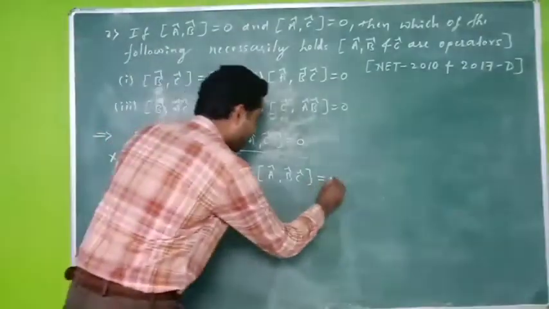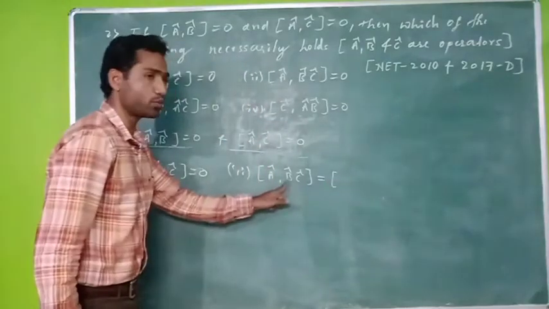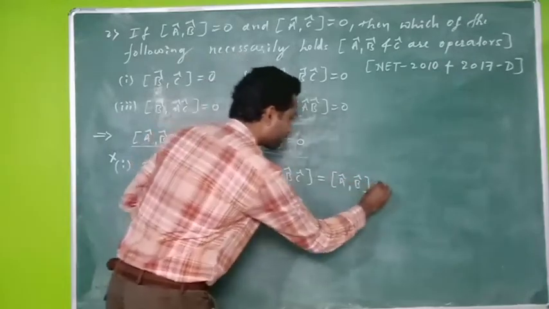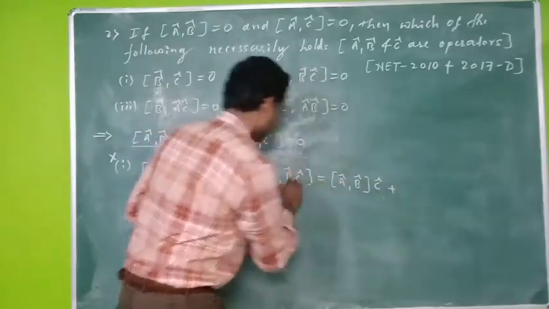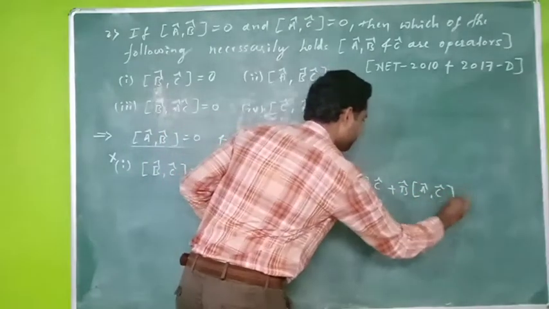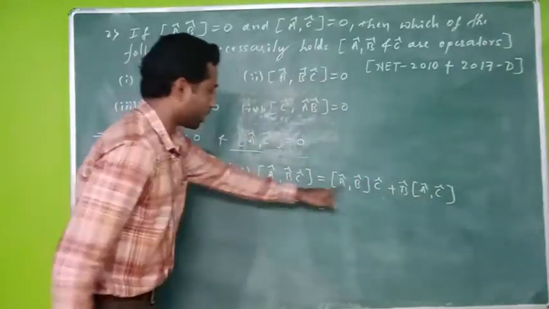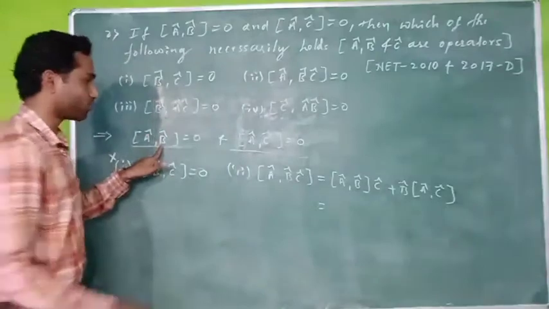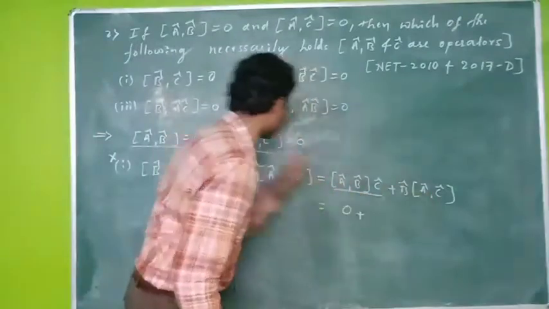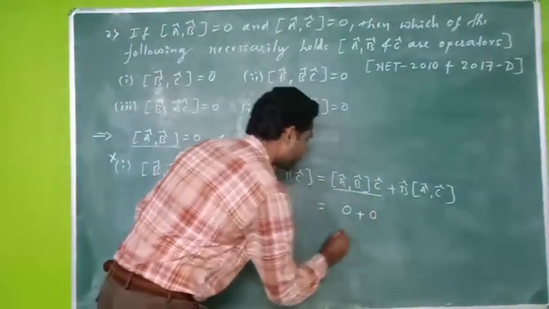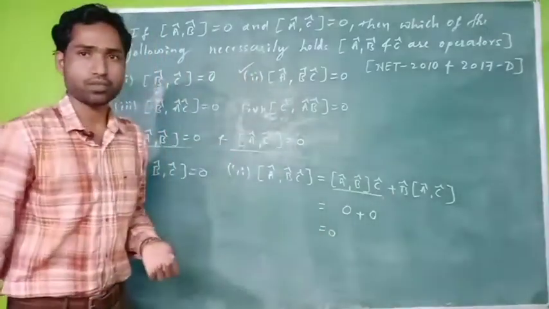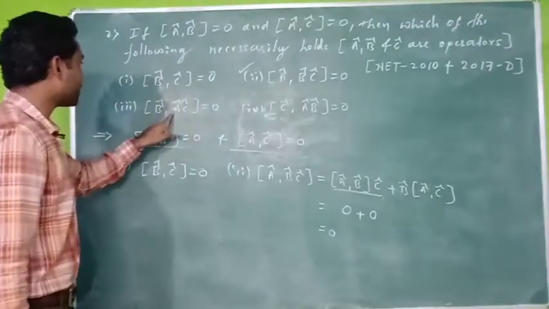This I can expand, by making use of the distributive property, as the commutator of A and B multiplied with C, plus B as it is multiplied with the commutator of A and C. The commutator of AB is equal to 0, that is what they have given, so this whole term is 0. Plus the commutator of AC is given as 0, so this whole term is 0. Therefore this is equal to 0. So this equation is correct, right?